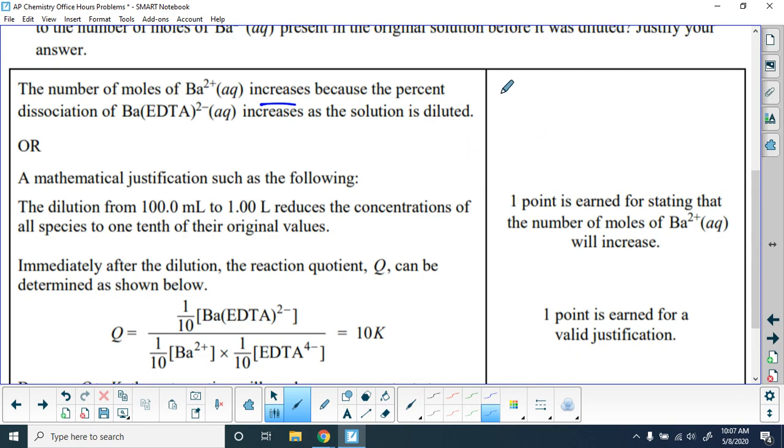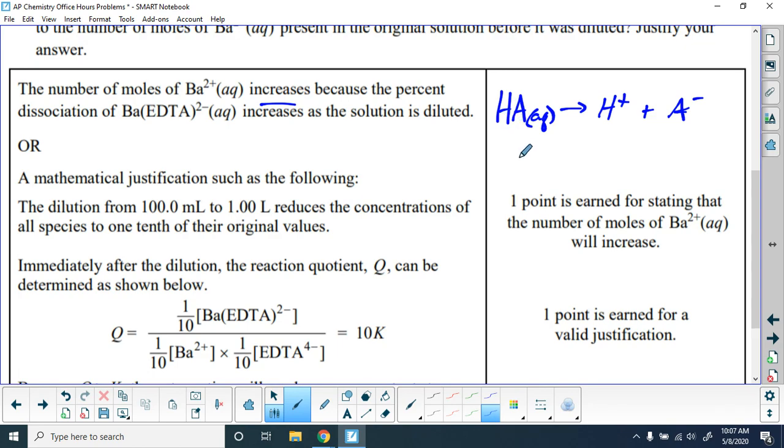Well, if you remember when we first did acids, weak acid dissociation equations, we looked at a weak acid dissociating to produce H plus and A minus, and we considered how do we get the greatest percent ionization. And we solved ice boxes to prove this, but if you increase the amount of H2O, it increases the odds of that HA molecule ionizing.